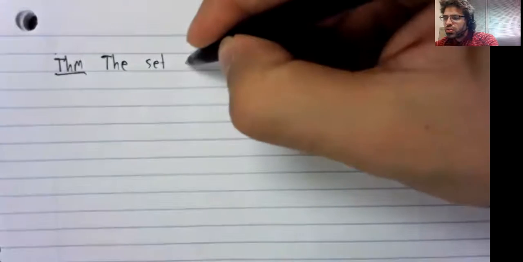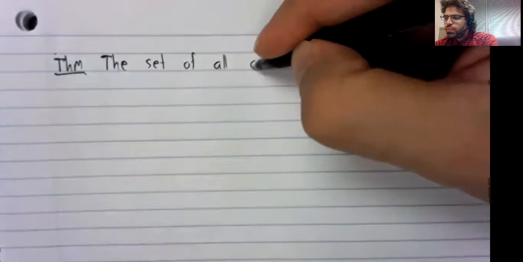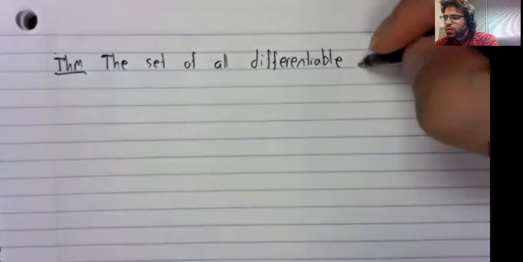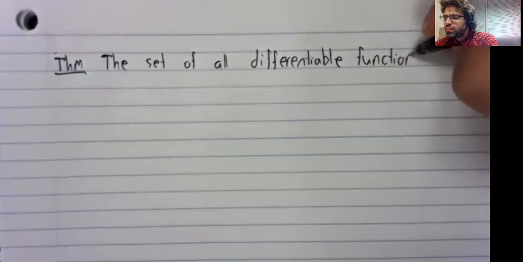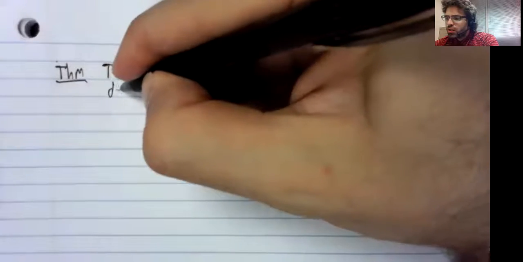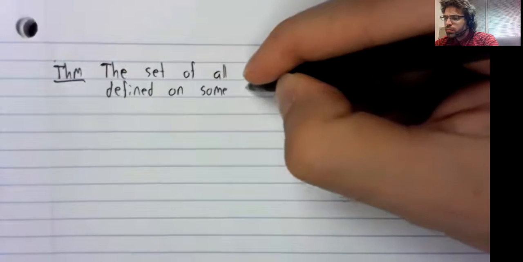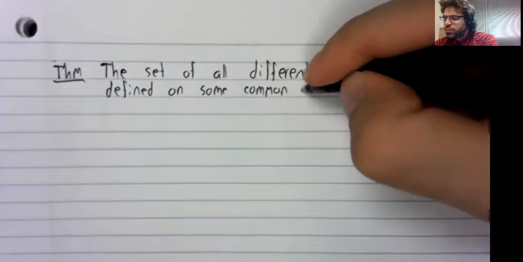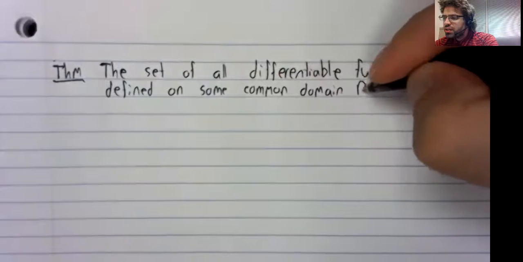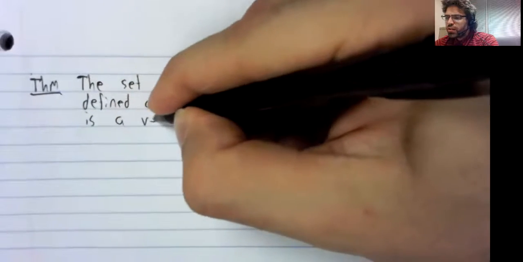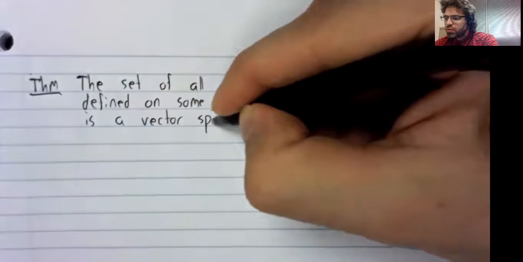Let's prove that the set of all differentiable functions defined on some common domain D is a vector space.